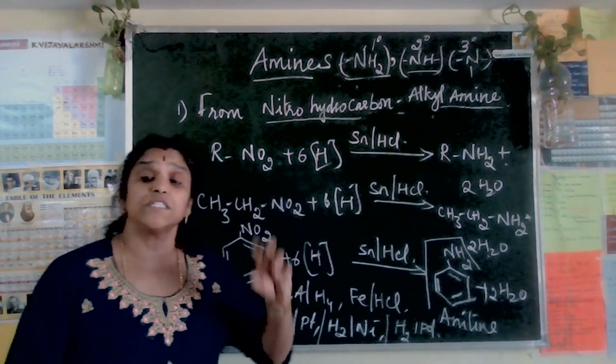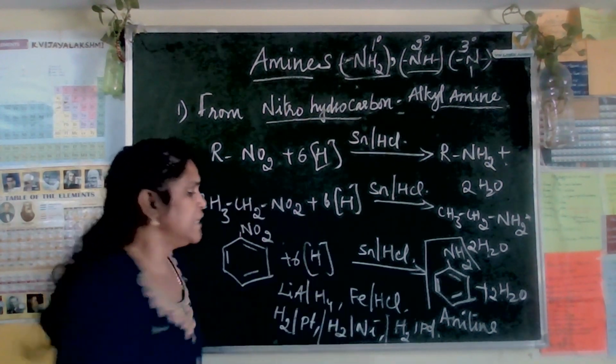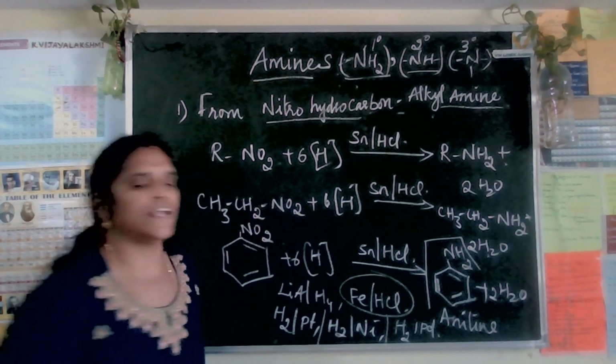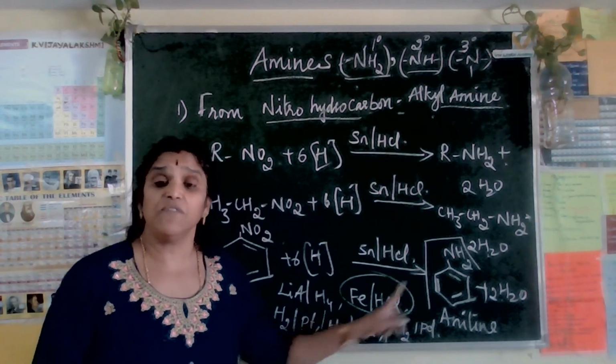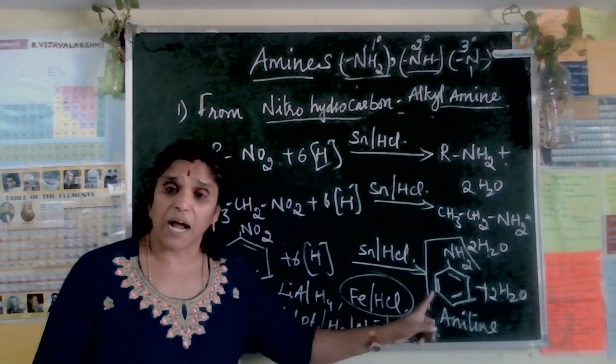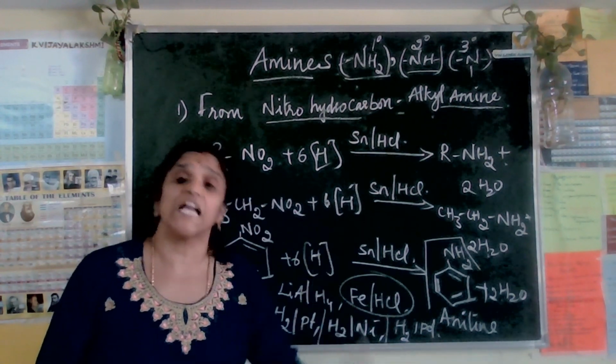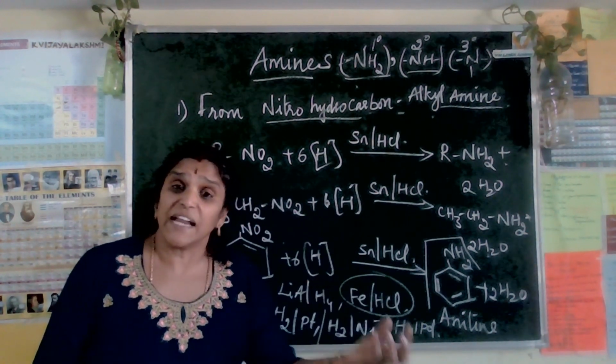The most important one we prefer is iron with concentrated HCl. Why do we go for this? Iron combined with HCl gives FeCl2, and this FeCl2 produces HCl acid.